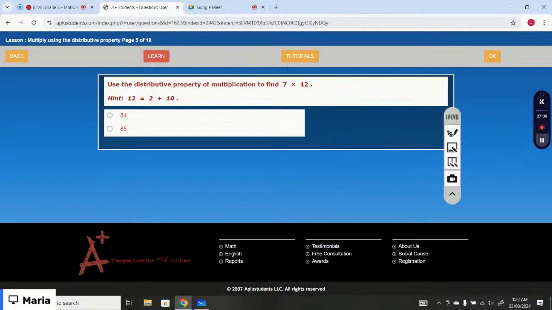Use the distributive property of multiplication. Find 7 times 12. So which is the correct option?